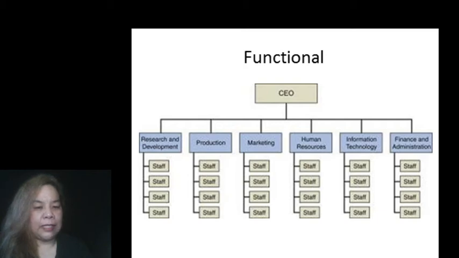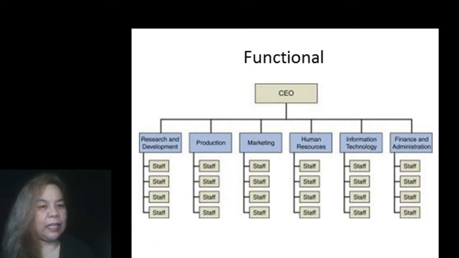The blue boxes represent the different functional areas. An organization's functional areas depend on the nature of the business. So in the example given, we have the following functional areas: research and development, production, marketing, human resources, information technology, and finance and administration.